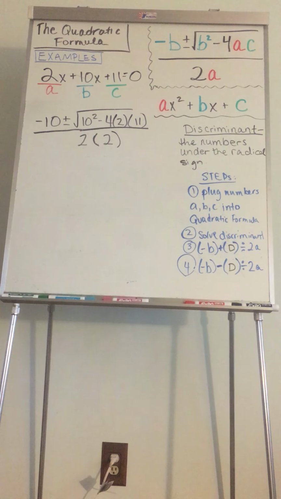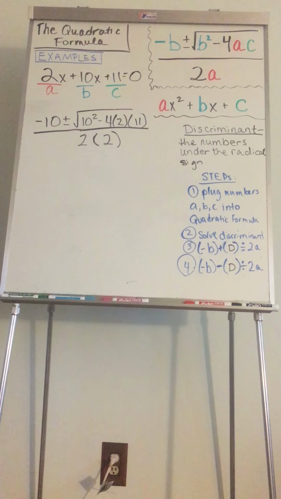If we simplify what's under the radical sign, you'll either end up with a whole number above 0, which means there's 2 real roots, a 0, which means there is 1 real root, it just touches the x-axis, or a negative number, which means there are no real roots, it never touches the x-axis.